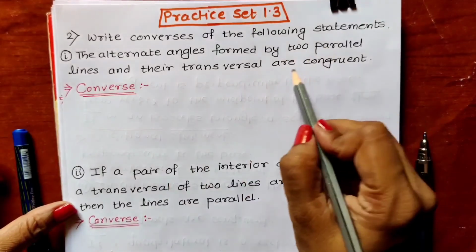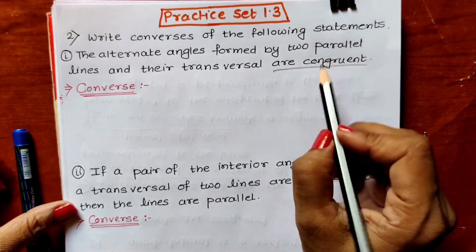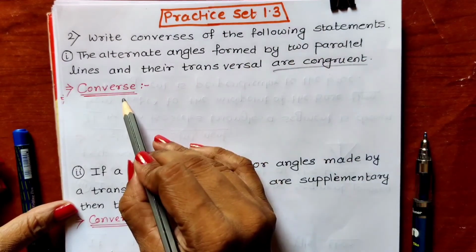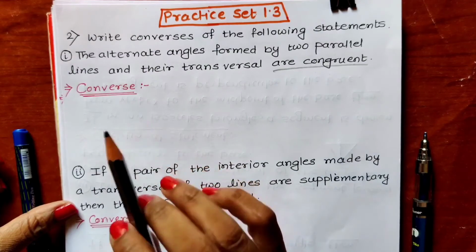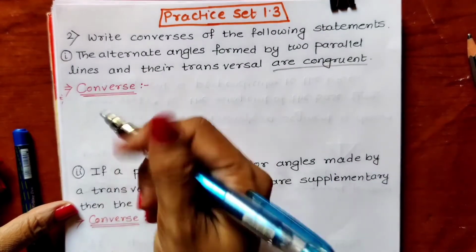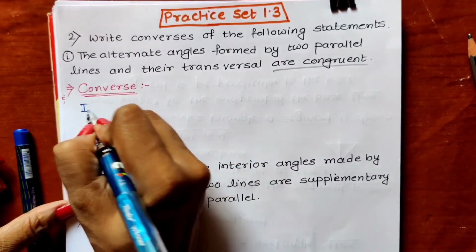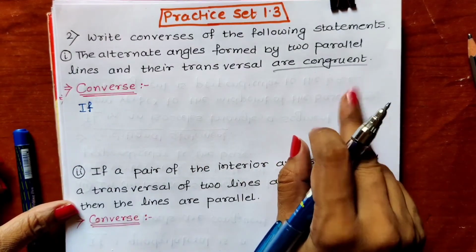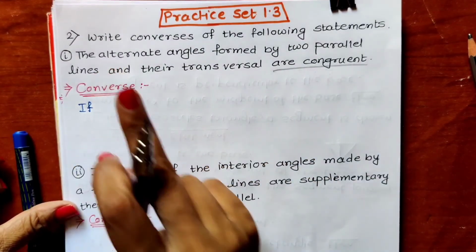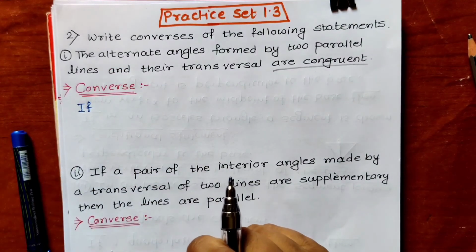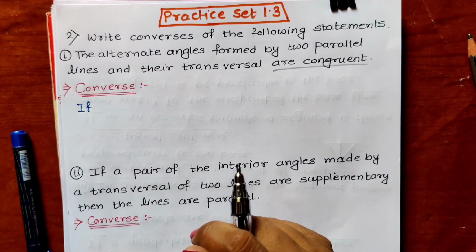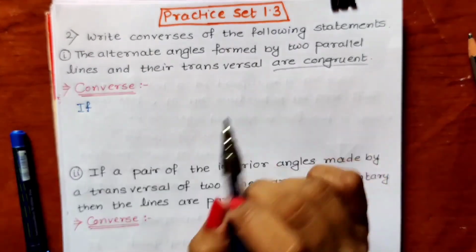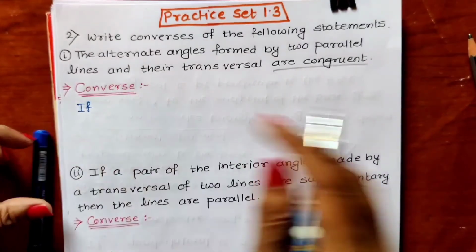So in this sentence, congruent is consequent. In its converse, we have to write it as antecedent. So after if, we don't write only are congruent. What are congruent? The alternate angles are congruent. Alternate angles are made by two lines and their transversal. So how to write this?